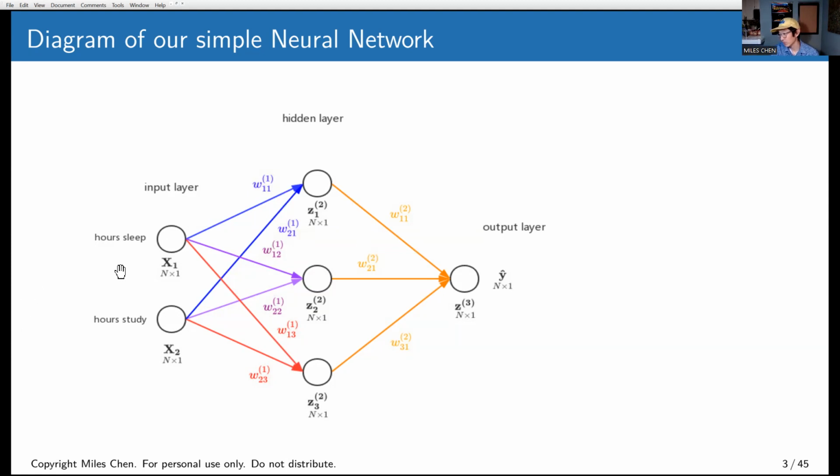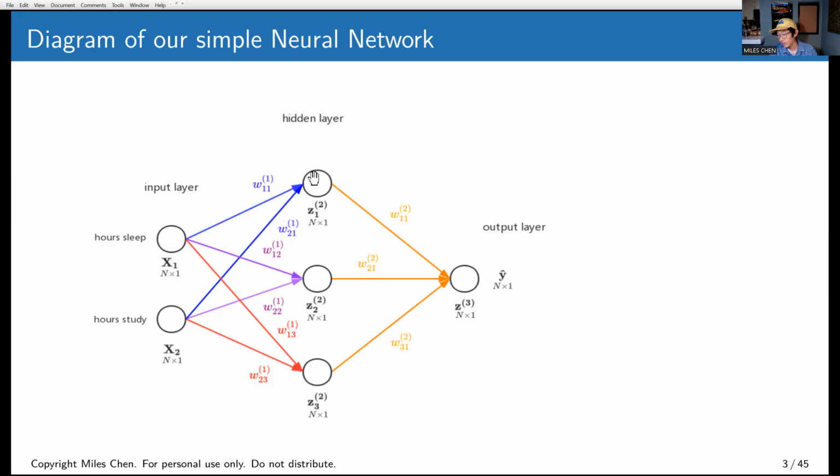nodes. And so we take our input, we multiply it by our first weight matrix, which consists of 6 values arranged in a matrix of 2 rows and 3 columns. And that's going to produce 3 values, which represent the values in our hidden layer, one value at each node. Those values get processed by an activation function.